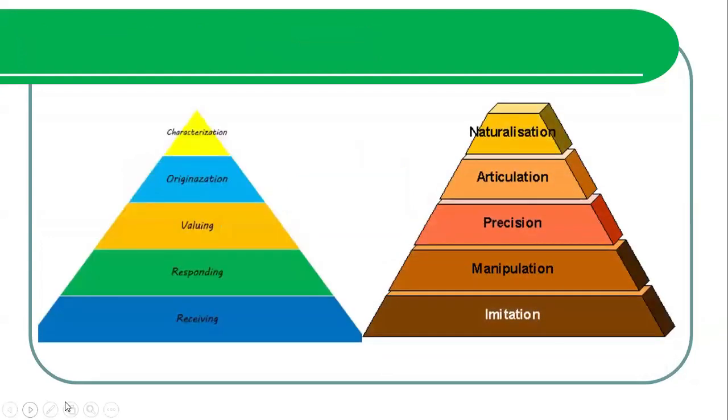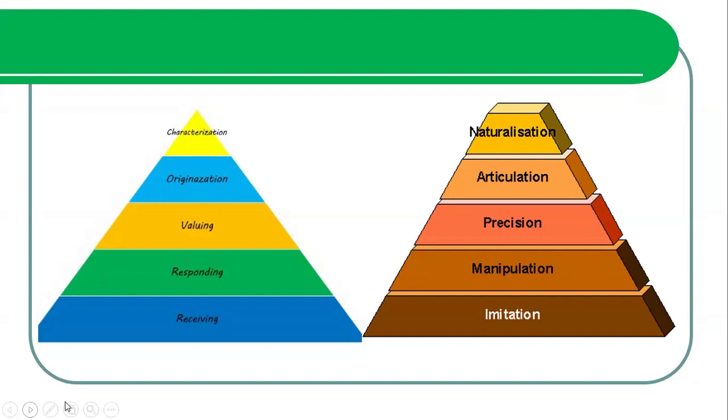Now, we looked at the CAIs and we say that we have different levels, and there are basically 5 levels for each of those domains. When it comes to the affective bit of it, always the first information we receive makes our first stage of development. So receiving is the first level.